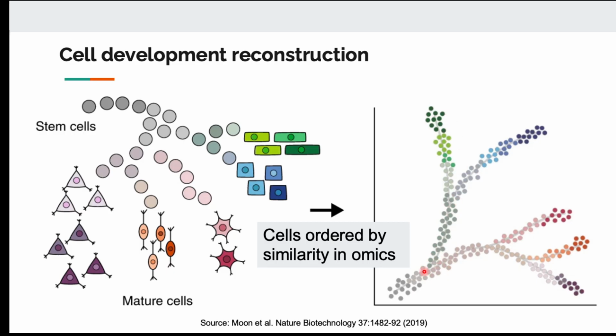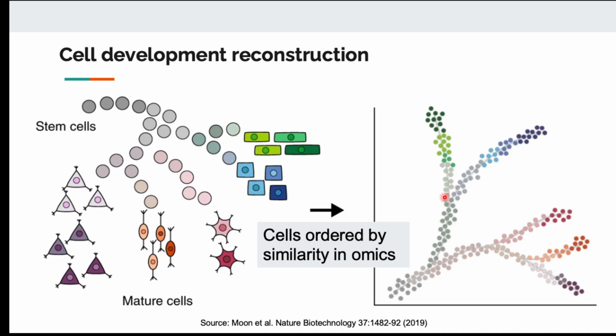We can identify genes that are upregulated in a certain lineage. So in the future, if you want to differentiate cells into a certain cell type, you know which gene to turn on and which gene to turn off. So this has a lot of benefits for biologists and people in biotechnology.